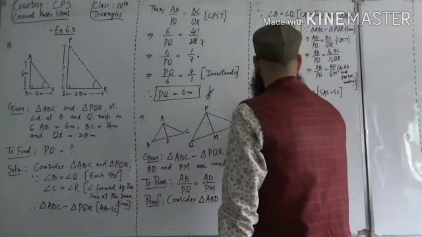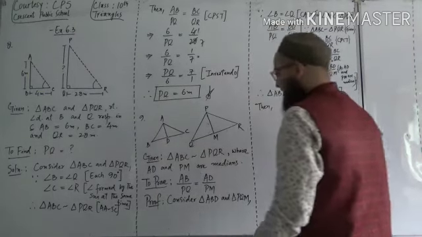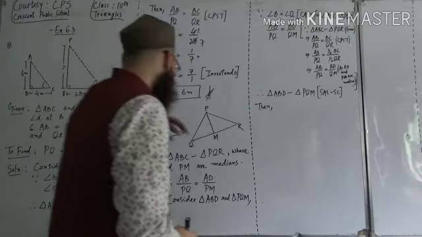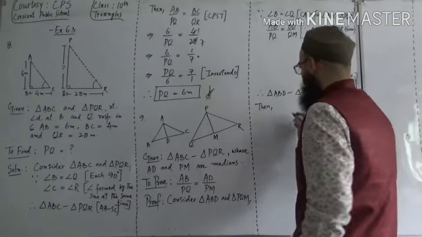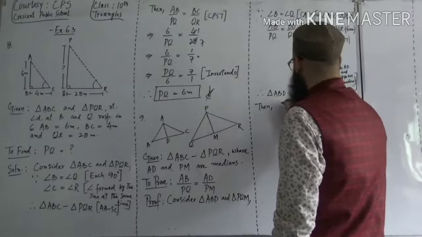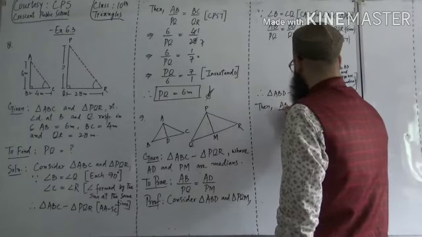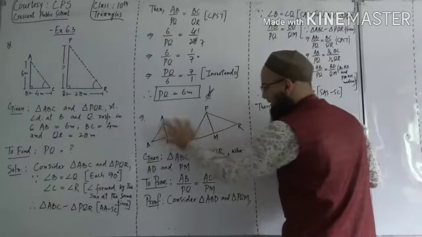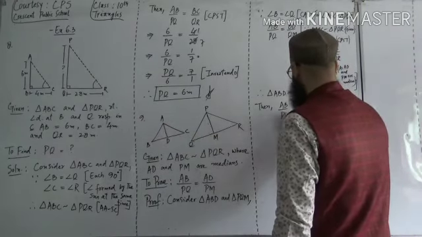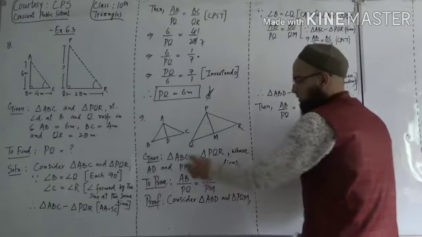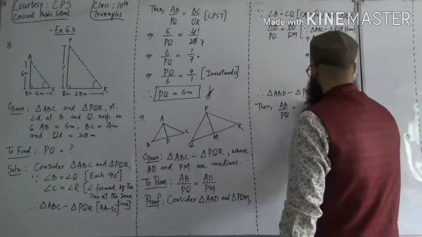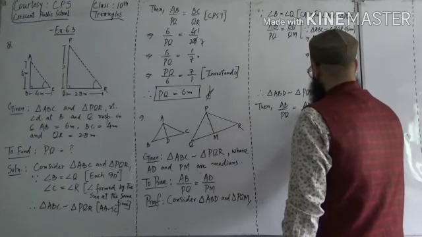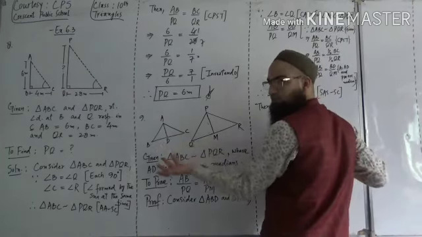Yes. Then you can say one thing: this triangle is similar to this triangle. So AB by PQ will obviously be equal to AD by PM, because now all three sides are in proportion.